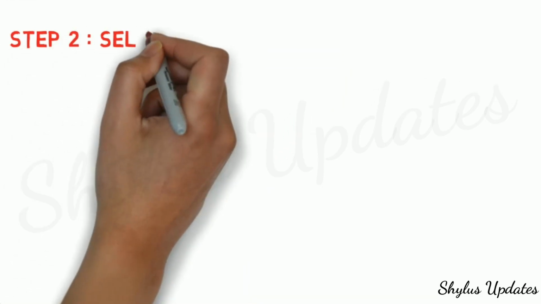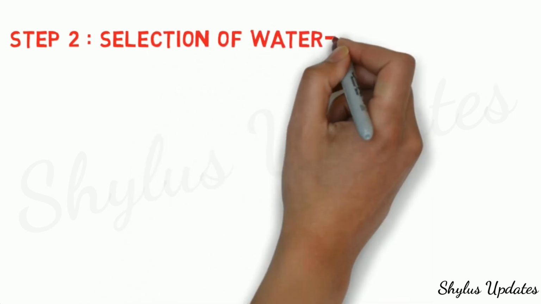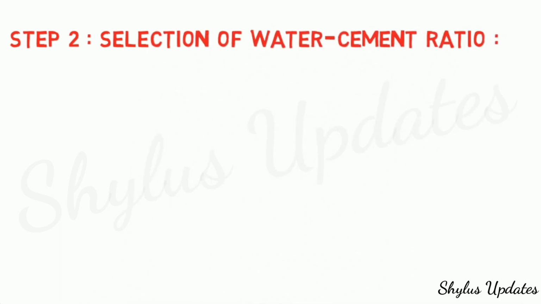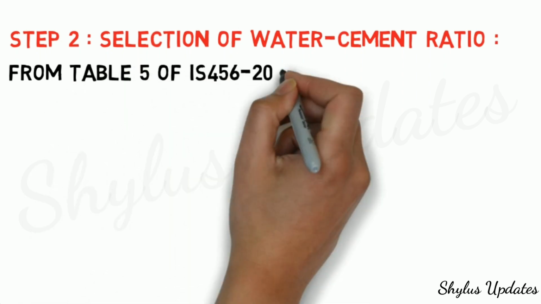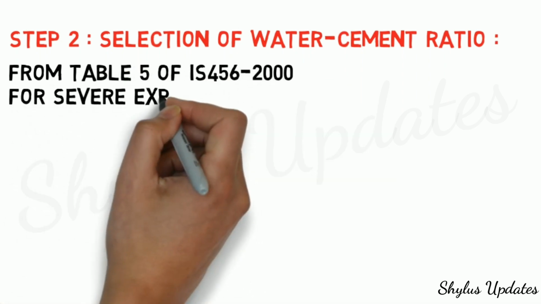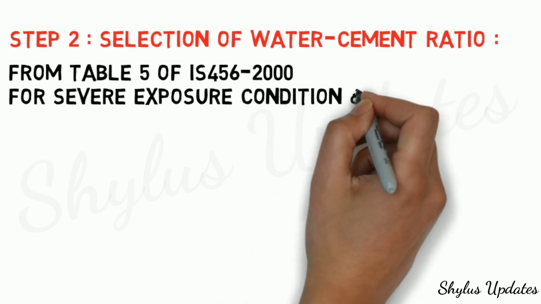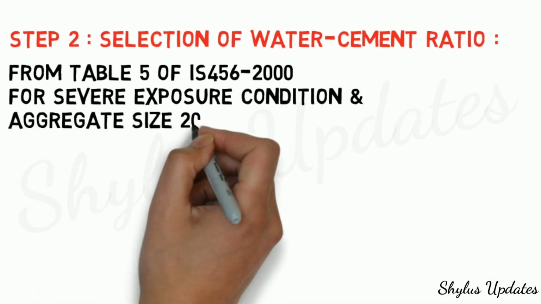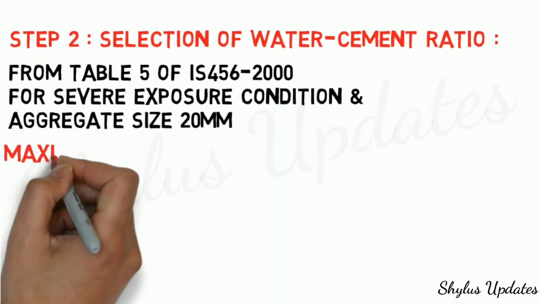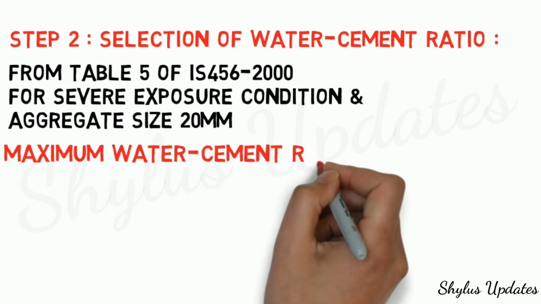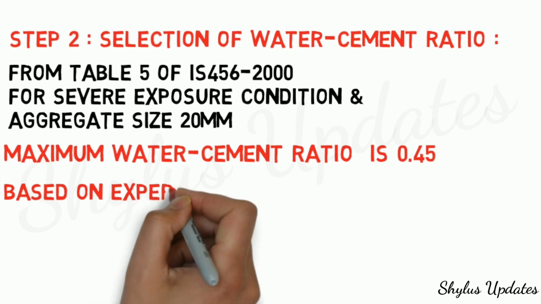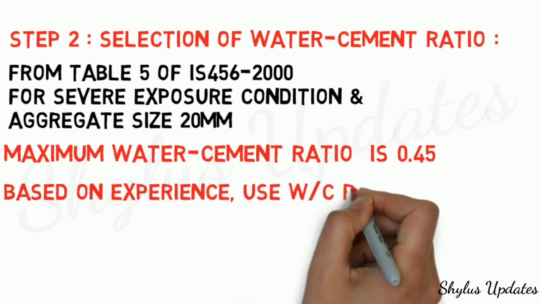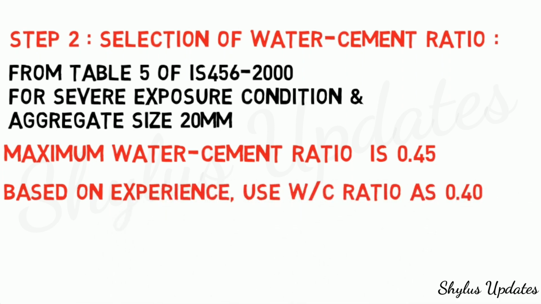Step 2. Selection of water-cement ratio. From Table 5 of IS 456-2000, for severe exposure condition and for aggregate size 20 mm, maximum water-cement ratio is 0.45. But based on experience, use water-cement ratio as 0.40, which is less than 0.45.